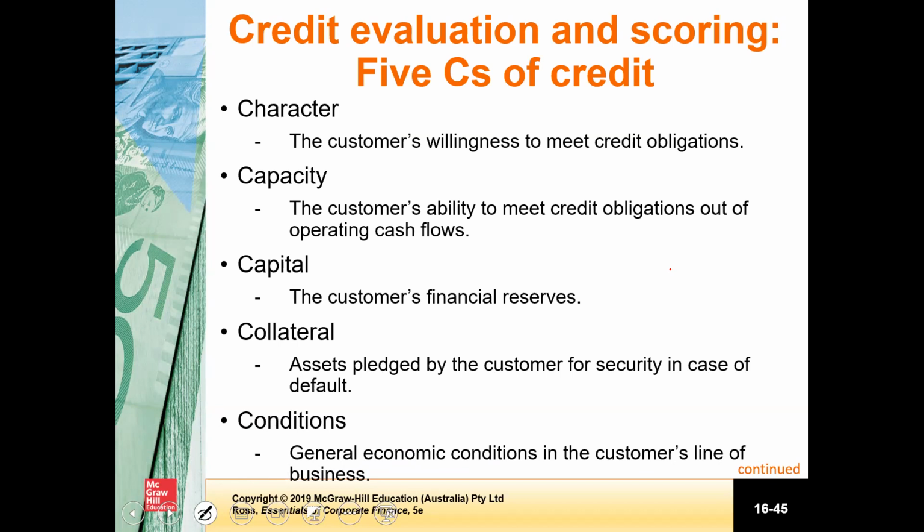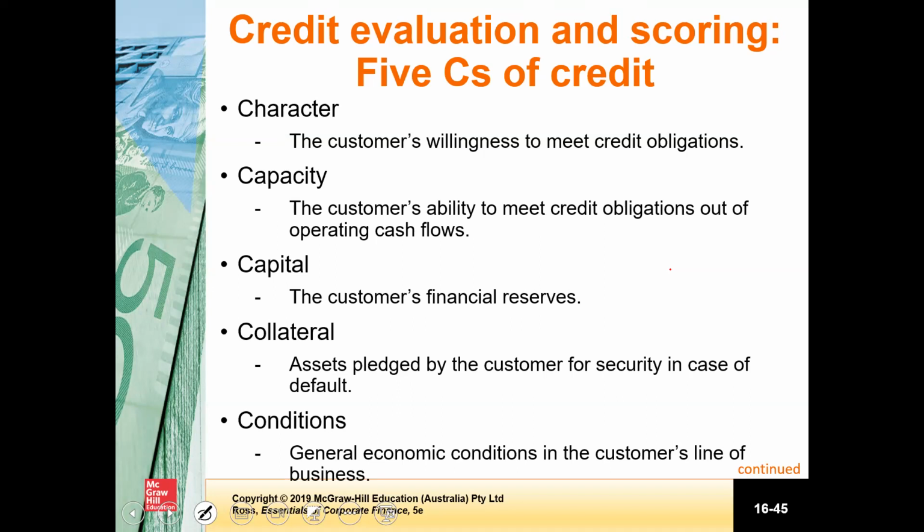Now, credit scoring, that was the point in the previous slide. Credit scoring refers to the process of calculating a numerical rating for a customer based on information collected. Credit is then granted or refused based on the result. For example, a firm might rate a customer on a scale of 1, very poor, to 10, very good, on each of the 5 C's of credit, using all the information available about the customer.